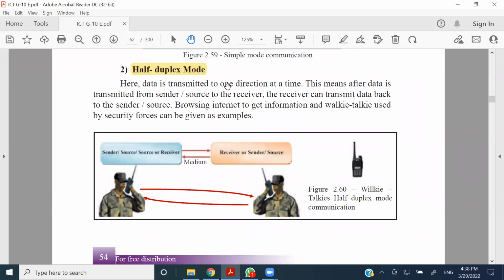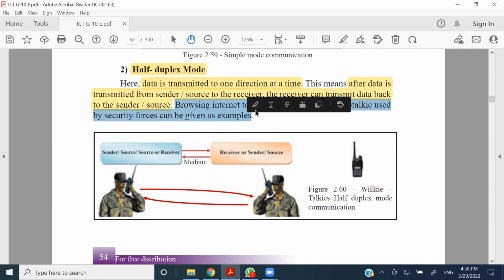For the half duplex, these are the things. Yeah, like with the examples, yes, it's better.